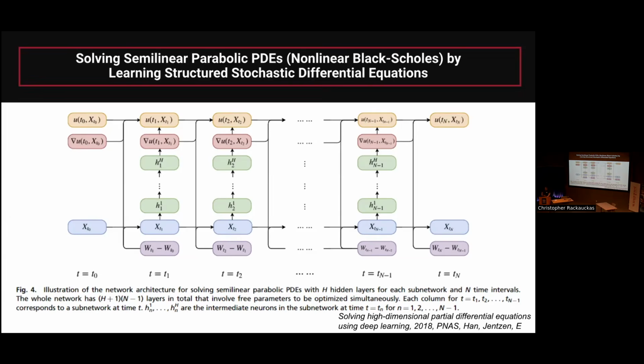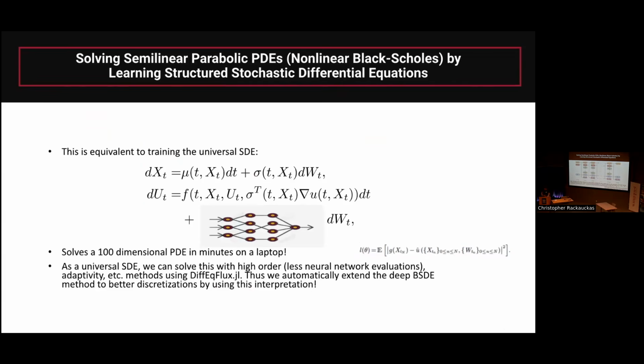I would just say that the easier way to understand this is by writing it in math. The way that you write this is you say, okay, I'm solving this stochastic differential equation with a neural network right here with respect to this loss function. If you then loop over solving the SDE and you make that loss function go to 0, it turns out that what the neural network spits out as its solution is actually the solution to the differential equation. It's built in a very specific way to do this, but that's really cool, right?